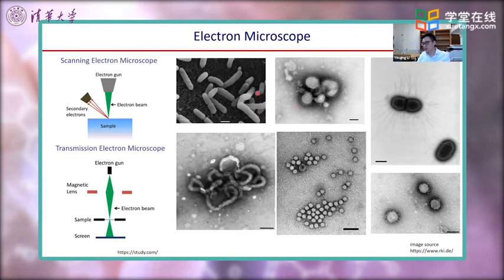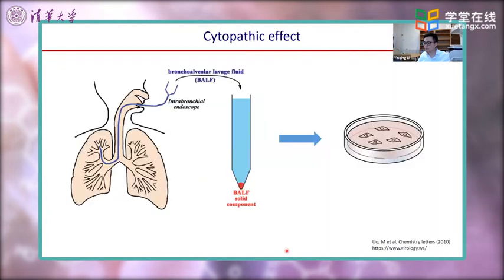Here we have E. coli, influenza viruses, Ebola virus, and here is the coronavirus. Some of these pathogens even got their names based on how they look under the electron microscope. The coronavirus, for example, got its name because it looks like little crowns on the surface, when people first saw them. So that's electron microscope-based visualization.